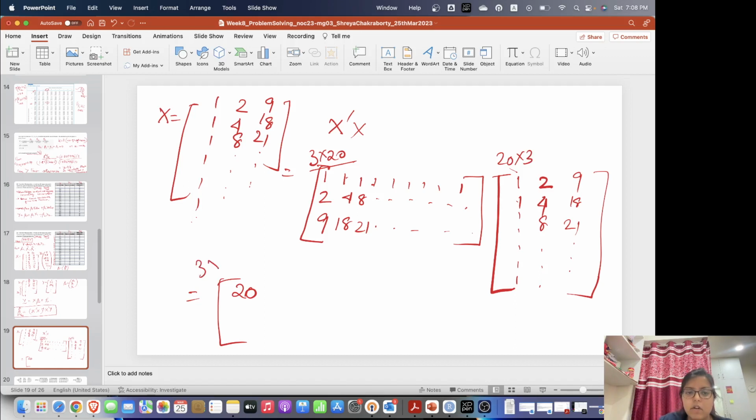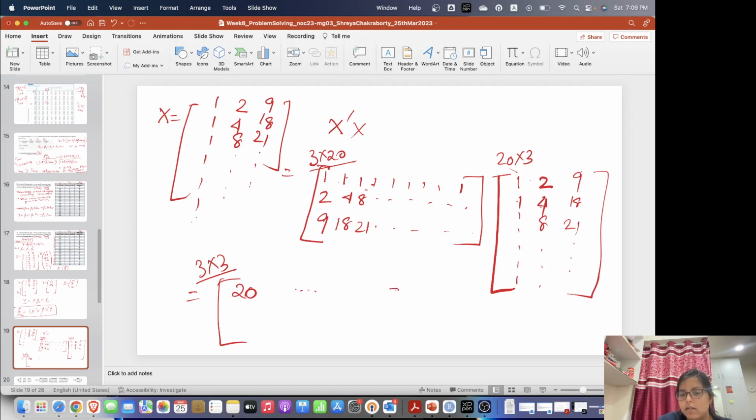So finally we would have a 3 by 3 matrix. Similarly for this position, we are going to do 1 into 2 plus 1 into 4 plus 1 into 8 and so on, and we would have some number here. For this one also, we are going to do 1 into 9 plus 1 into 18 plus 1 into 21 and so on.